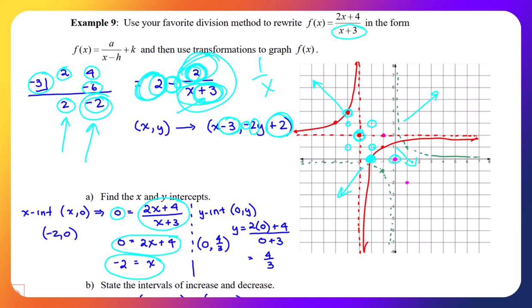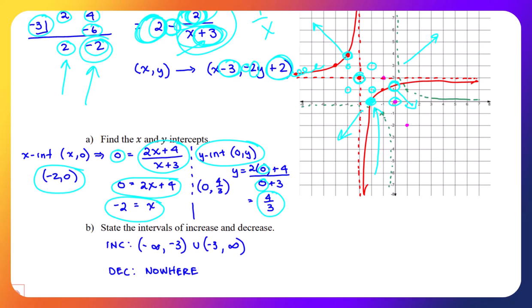And sure enough, we have an x-intercept of -2. To find the y-intercept, we let x equal 0. These terms go away. We're left with 4/3. And sure enough, the graph hits between 1 and 2, closer to 1, like 1 1/3.